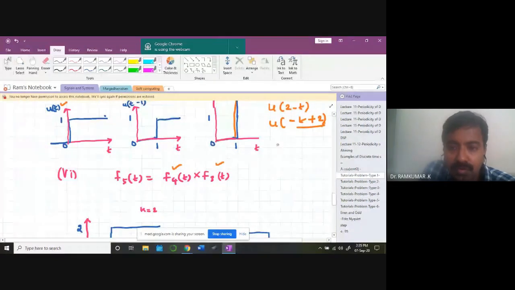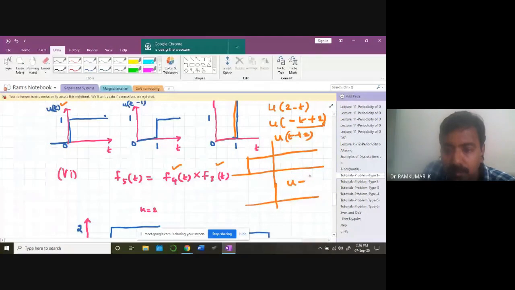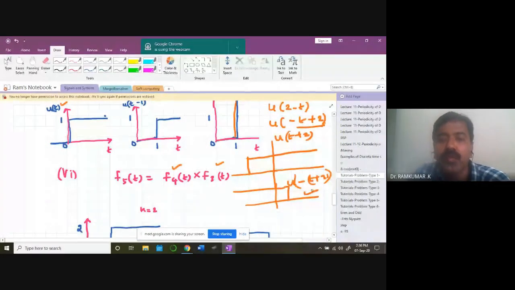That's all. u of t plus 2 is like this. And then shift and scale, u of minus of t plus 2. That's going to be just the reverse of this. So that also is feasible. You can do both of it.